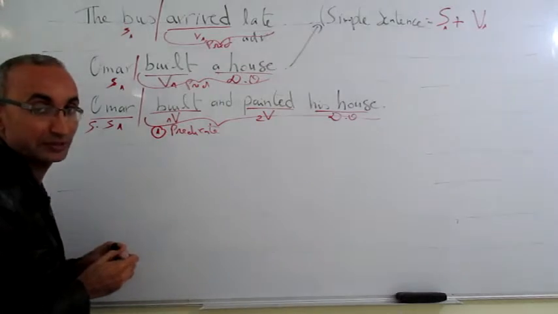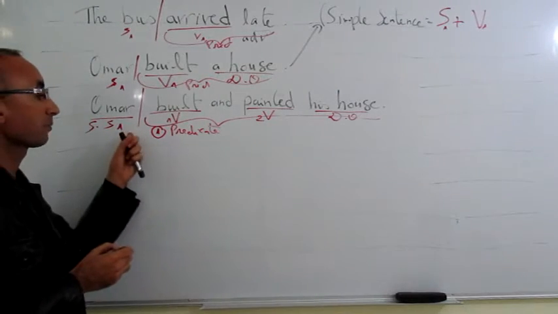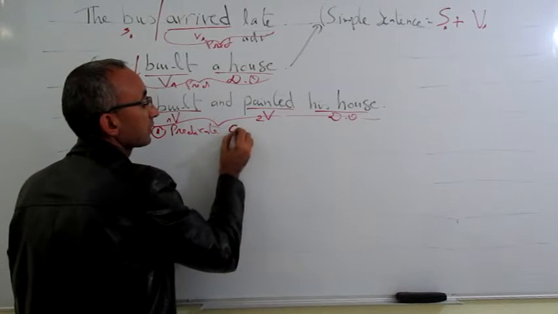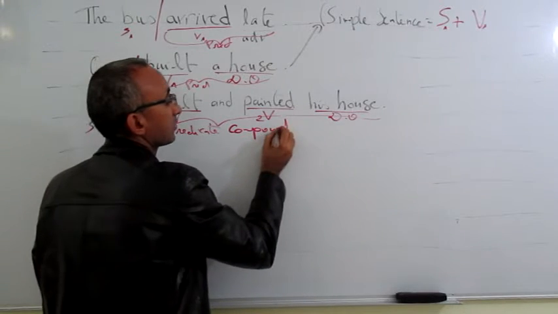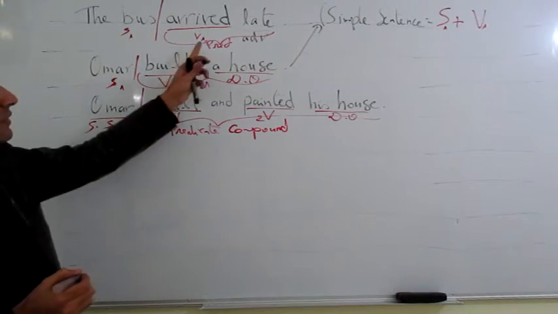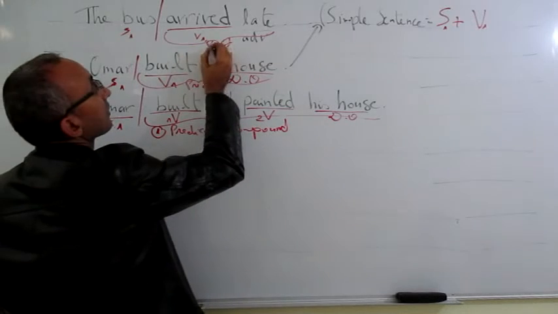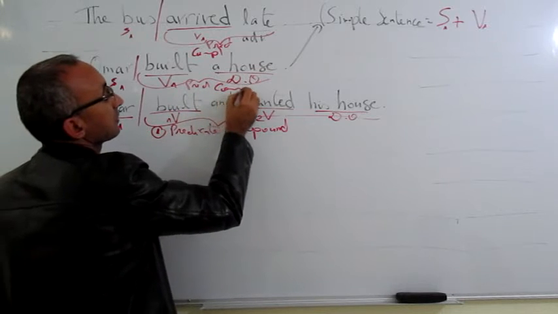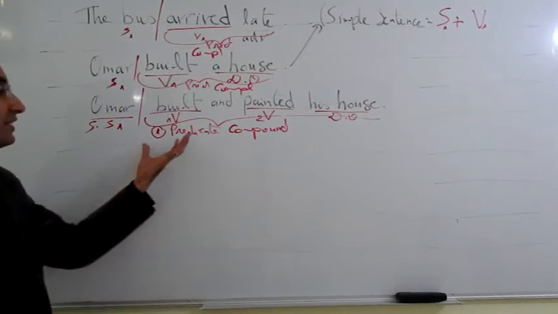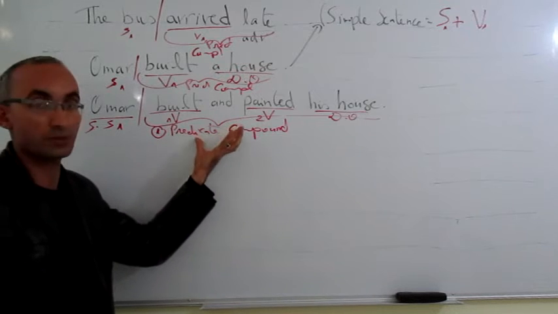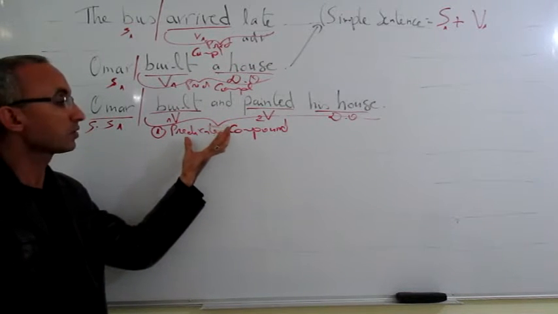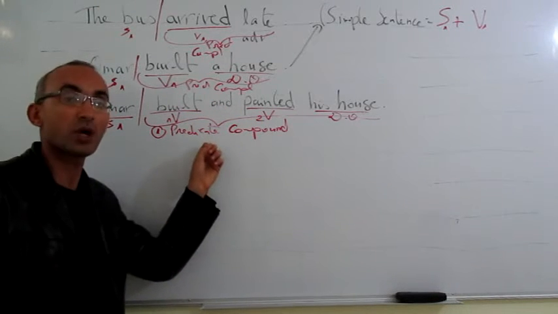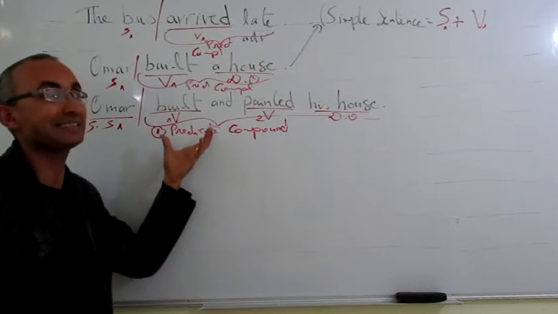So here we have one subject plus one predicate, which is here compound. Compound predicate. Here it is complete. Here also it is complete. Now in this case, when I have two verbs or a compound predicate, two verbs joined by and in the same predicate, is it simple or not? Now here it is simple.